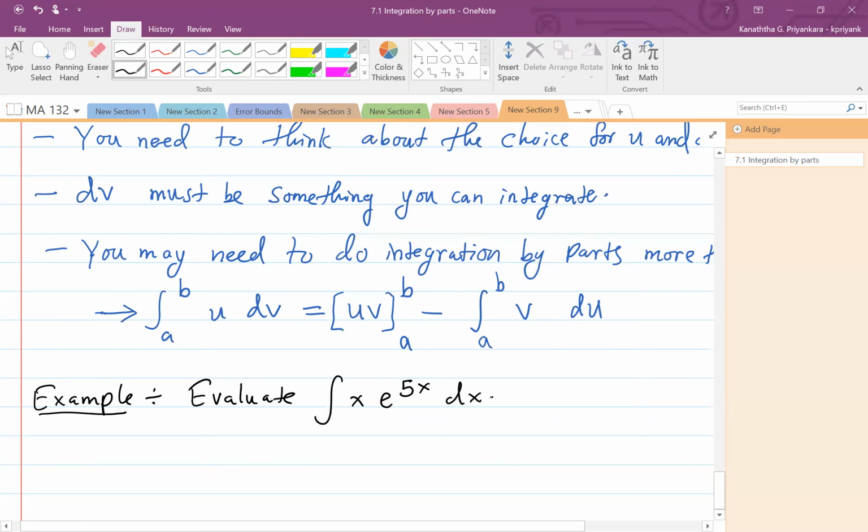So I'm going to choose u as x and dv as e to the power of 5x dx. So u equals x and dv is e to the power of 5x dx.